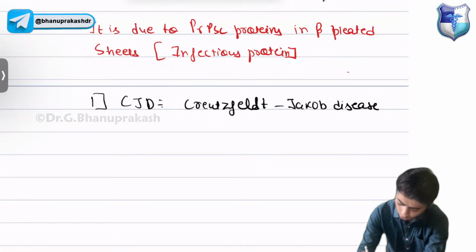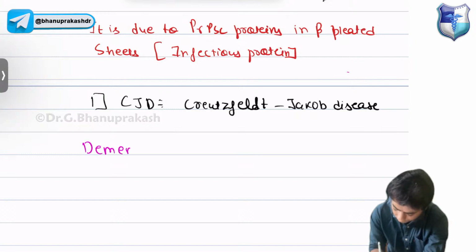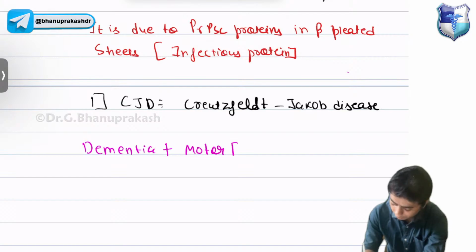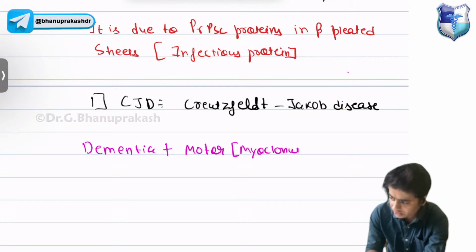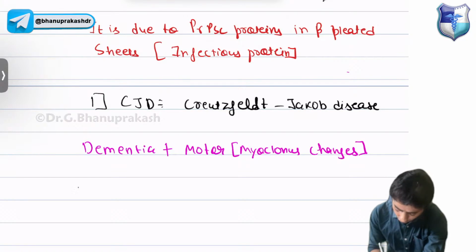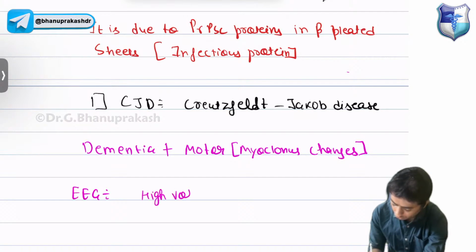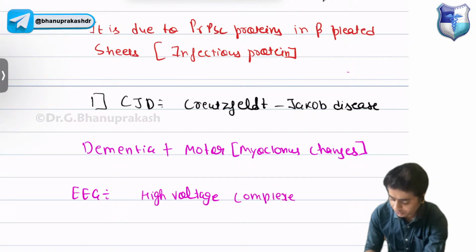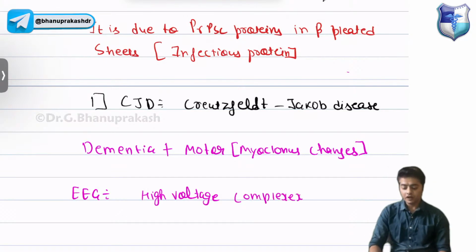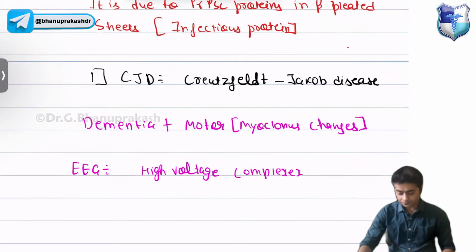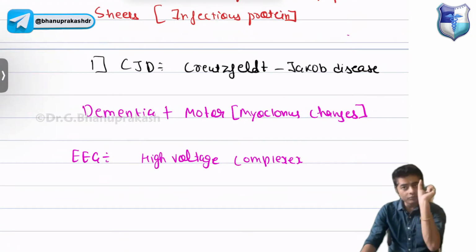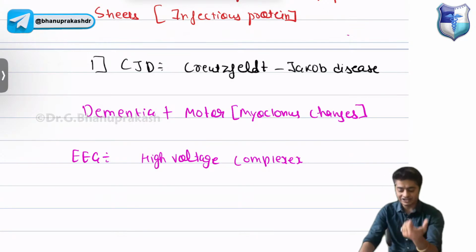This disease presents with dementia plus motor myoclonus changes, and on EEG you will get high voltage complexes. Only this you have to remember. So if a patient comes with dementia with motor myoclonus changes, then it is CJD.